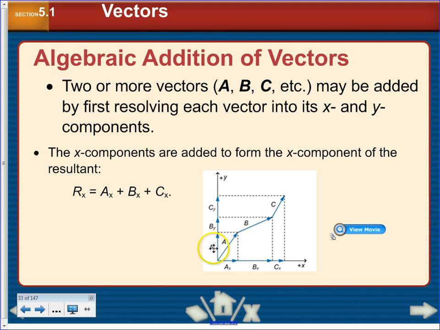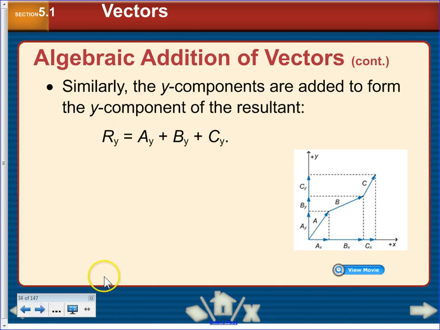So you'll take A and make that Ax and Ay, and then you'll take B and Bx, By, C. Again, rise over run for each of the vectors. And then you could add up all of the x parts of it and get the Rx. You could then add up all the y and get the Ry, and then you could reconstruct the original vector.